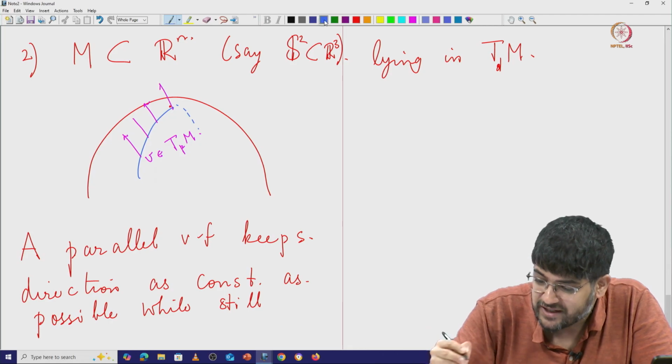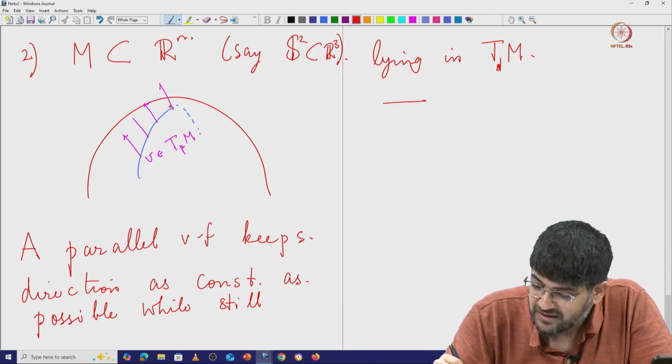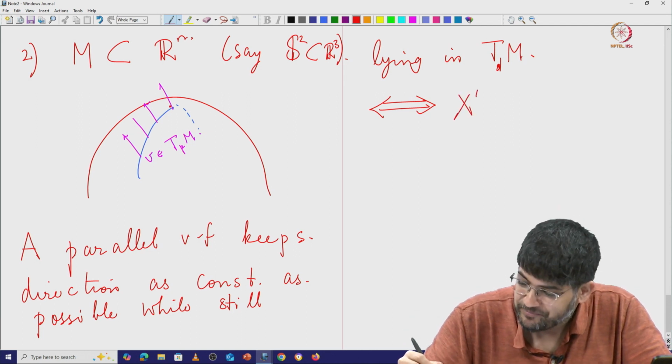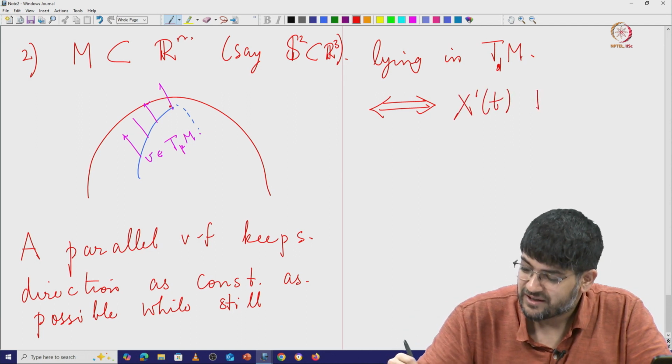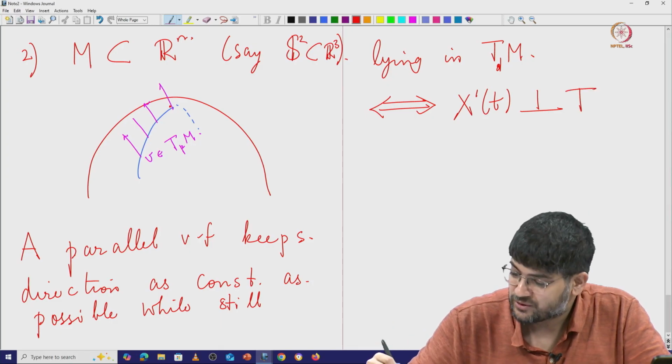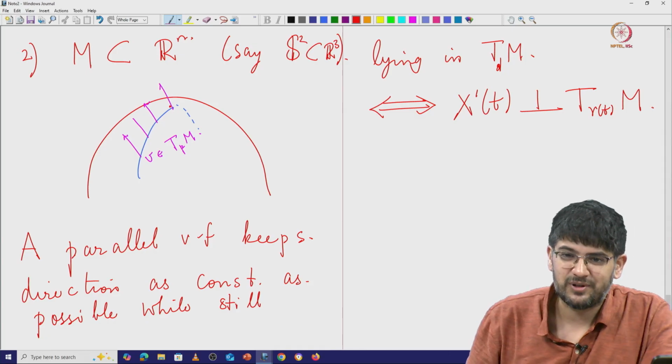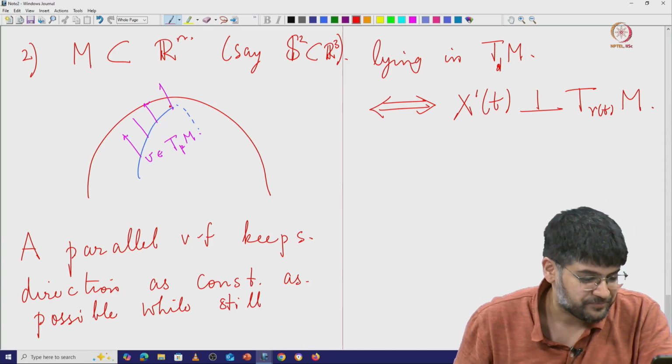So an equivalent condition, if you think about it a little bit, is that the derivative x prime will be perpendicular to the tangent space to M at gamma of t.